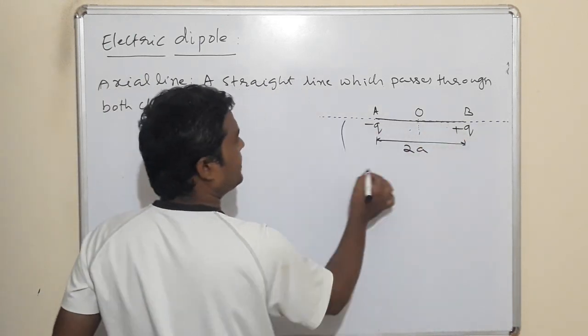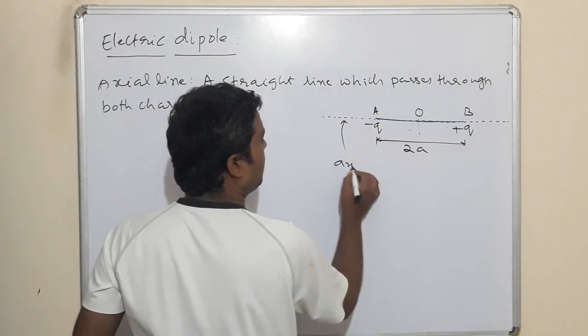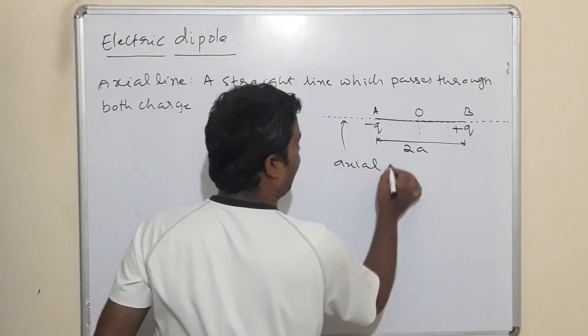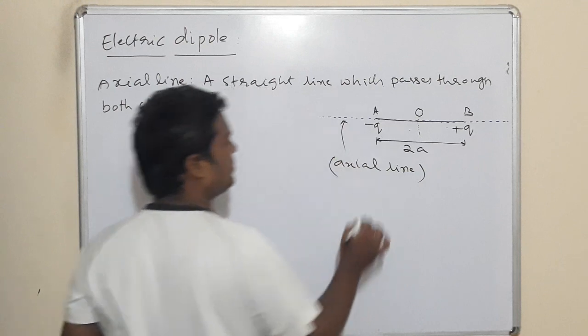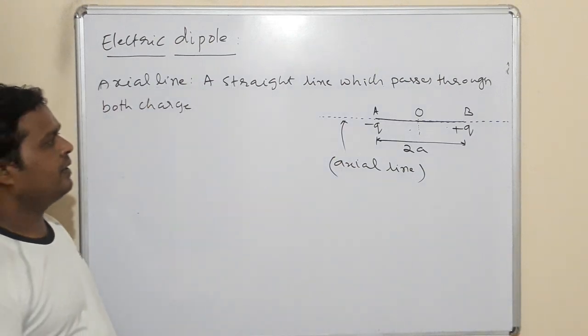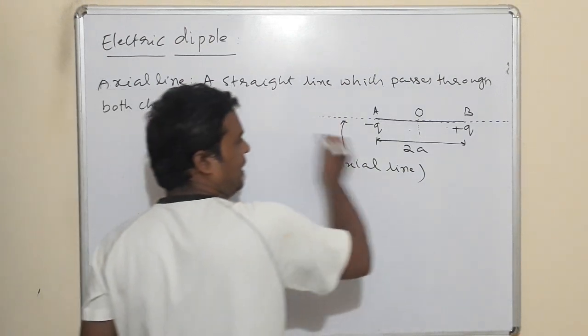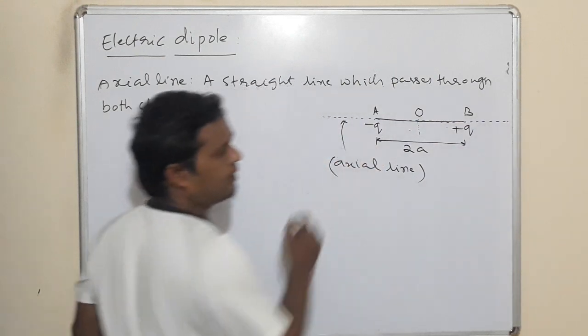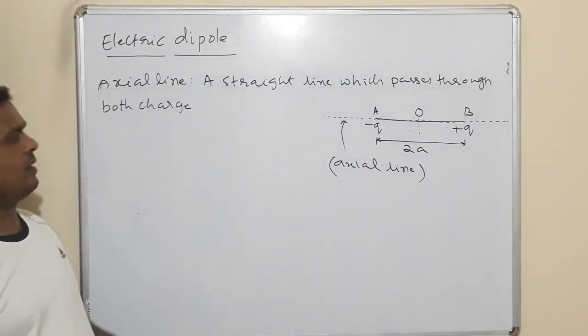This line is called as axial line. Okay. If I draw a plane, this is called as axial plane. The axial line you remember.